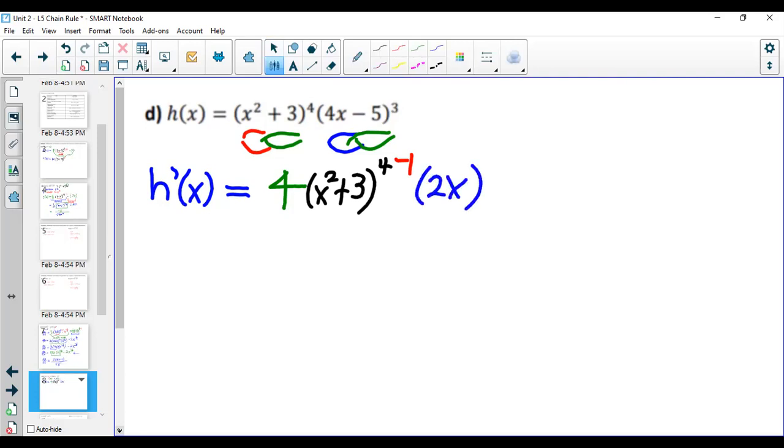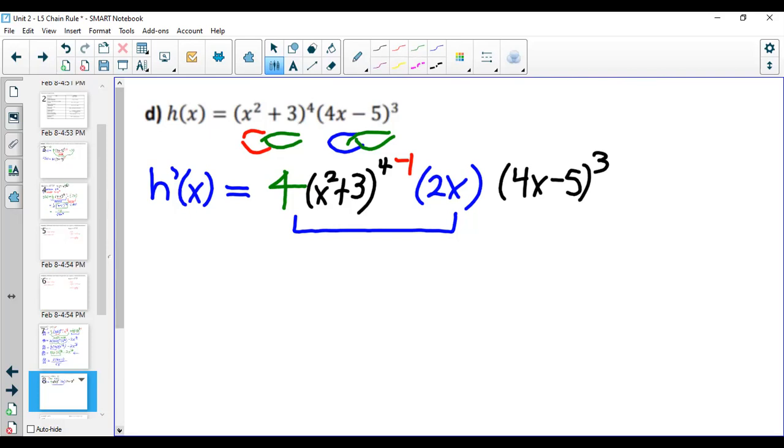Now, that is the derivative of the first function. So remember our product rule, derivative of the first function times the original second function. So my original second function is 4x minus 5 cubed. So not only am I applying the chain rule, I'm also applying the product rule.